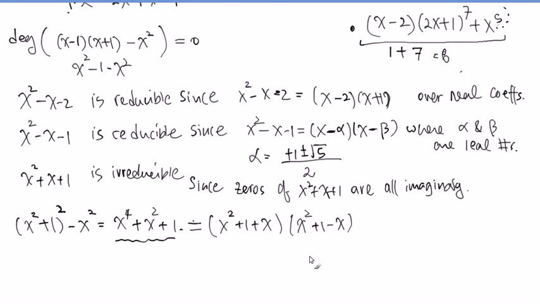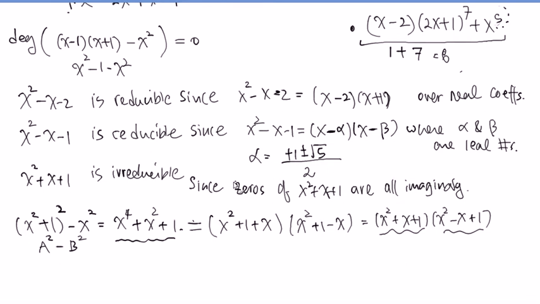Correct? This is a squared minus b squared, and it's a plus b and a minus b. But individually, they look like this: x squared plus x plus 1 and x squared minus x plus 1. And I claim both of them are irreducible because they don't have real roots, and it's because they're quadratic.